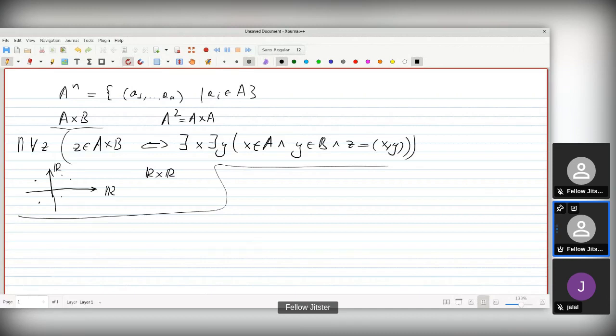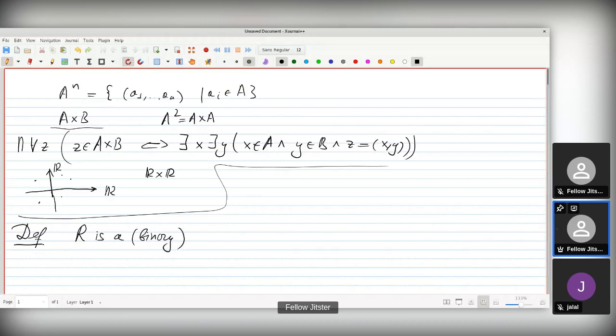Clearly we may have quite many such subsets, and every such subset has a special name. In fact, we have a collective name for all such subsets. So we say that R is a binary relation.